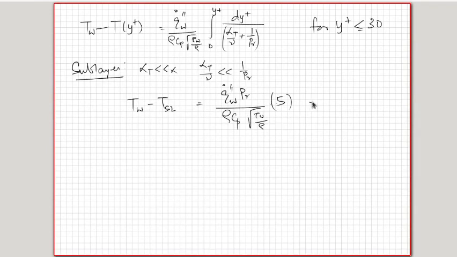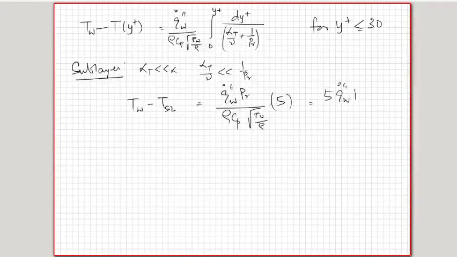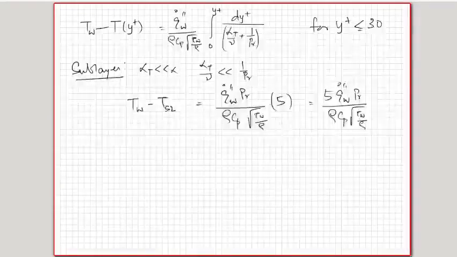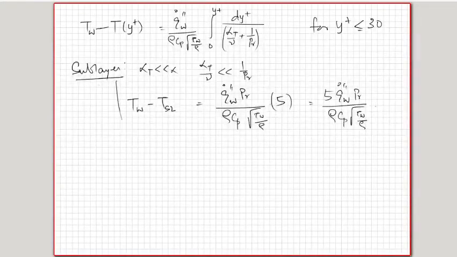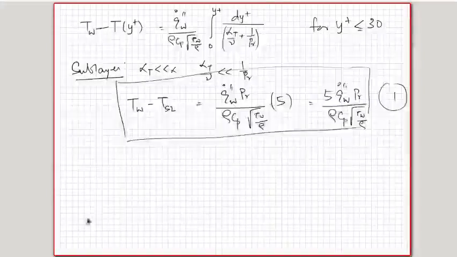Okay, so this is nothing but 5 q dot double prime wall Pr divided by rho cp into square root of tau wall by rho. Okay, so this is the first expression that I get, the difference between T wall and T SL. I take this equation number 1.